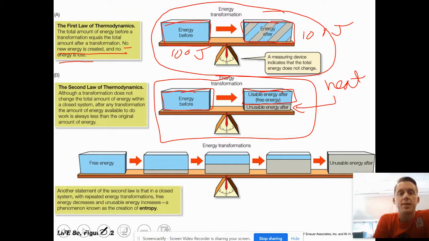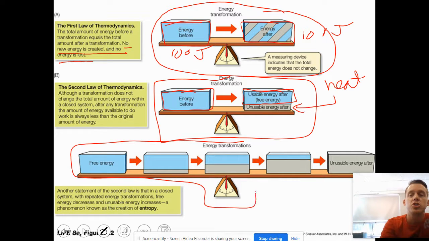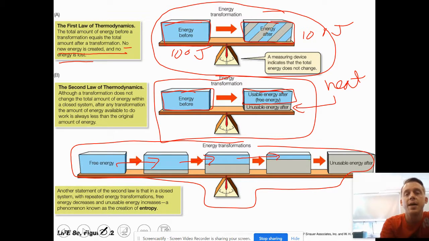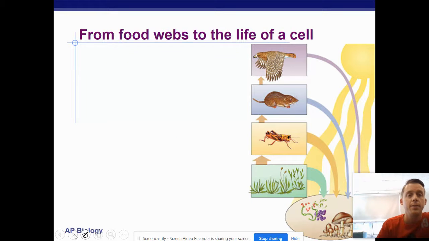Some of it we just can't use. And the bottom picture is showing us that over time, the amount of usable energy goes down and down and down until we are left with very little or no usable energy. All right. So this leads us to what we call entropy, which we'll be talking about in a minute.